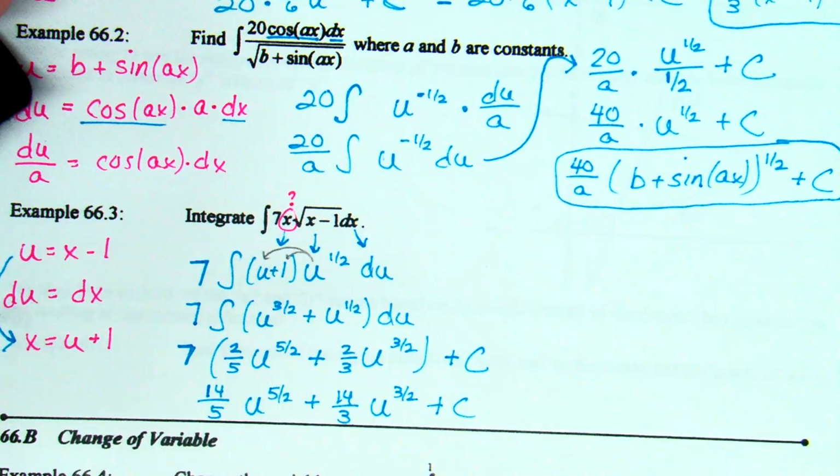And then if we sub back in, what was u? X minus 1. So a version of the final answer, 14/5 times x minus 1 to the 5/2 plus 14/3 times x minus 1 to the 3/2 plus c.